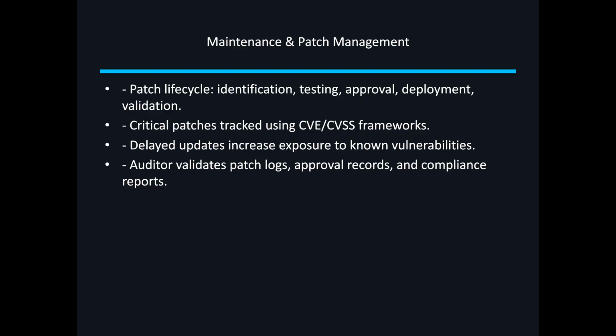So, key control elements include patch identification. The IT team continuously tracks vendor advisories, CVE databases, and security bulletins. Then patch evaluation. Patches are assessed for criticality, compatibility, and potential operational impact. Then the testing phase, where patches are tested in a staging environment before production rollout.